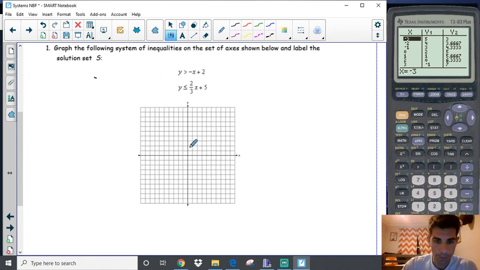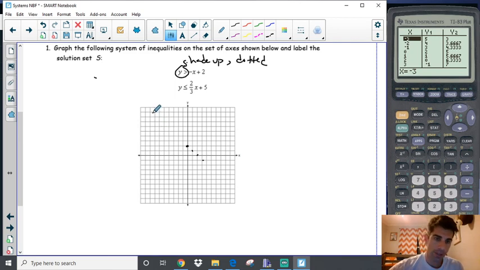So we have 1, which is negative x plus 2, which would look something like this. Okay. Now we have to pay attention. Like I said, eating the y means I'm going to shade up. And now you notice it says y is greater. There is no line underneath that, so I know it's going to have to be a dotted line.